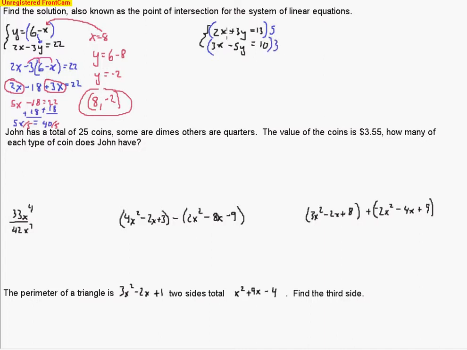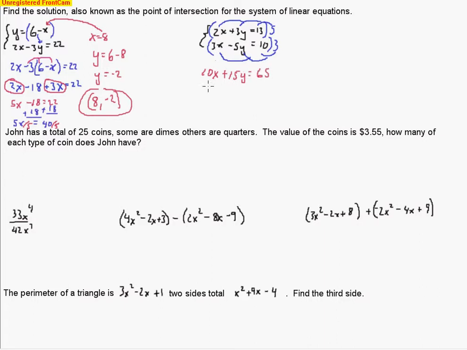I could have canceled out the x's by multiplying by negative 3 and positive 2. But I decided, since the signs were already opposite here, y's would cancel if I just came up with the common number. And so that's what I ended up doing, multiplying by basically the other's coefficient to be able to cancel out the y's. So here I've got 10x plus 15y equals 65.